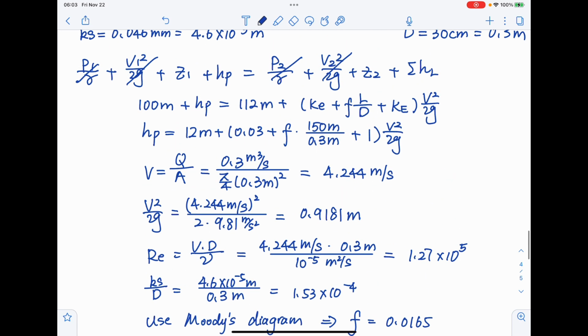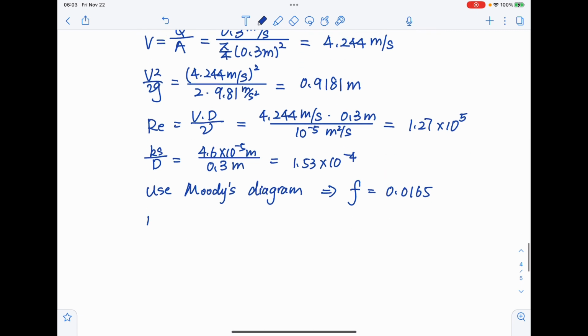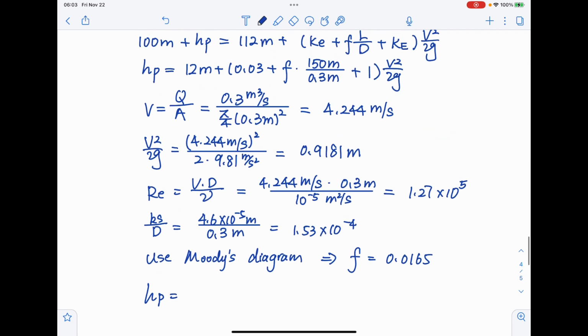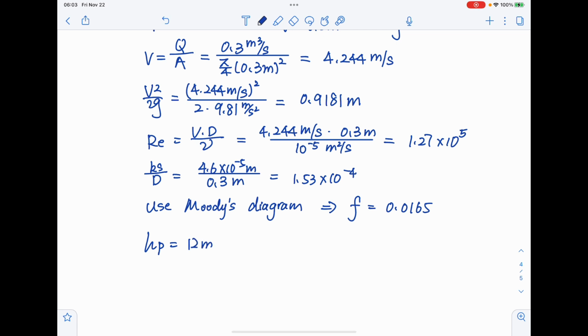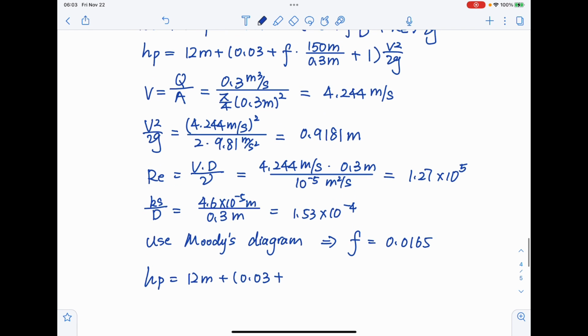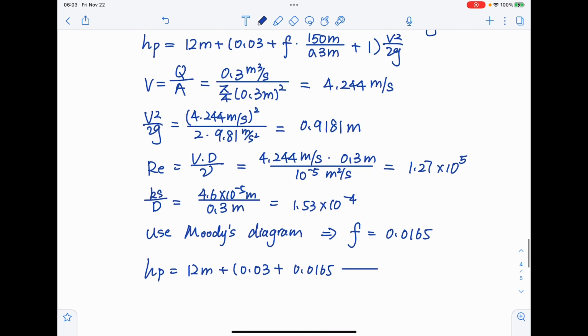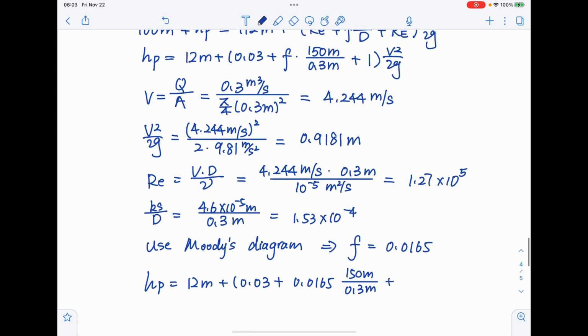Now we have all the information, so we can find the head of the pump equals 12 meters plus 0.03 plus 0.0165 L over D plus 1, and then the entire thing times the velocity head.